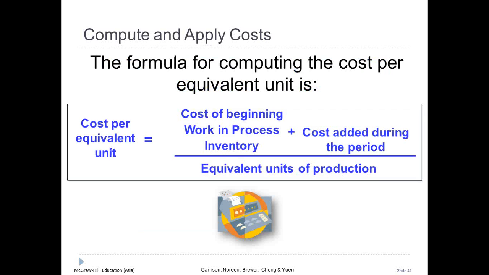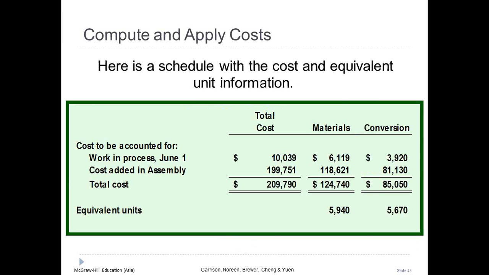We calculate the cost per equivalent unit by adding together the cost of beginning work in process inventory and the cost added during the period. We divide the total dollar amount by the number of equivalent units we previously calculated. We begin by adding the costs in beginning inventory to the costs incurred during the current period.